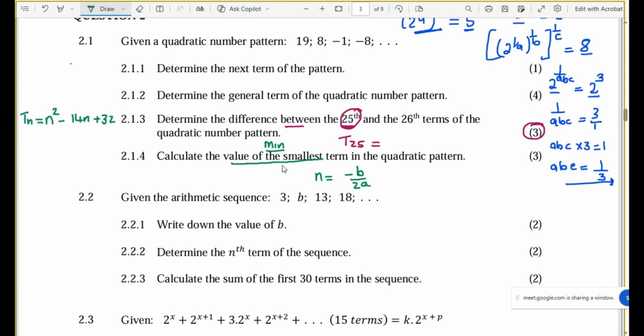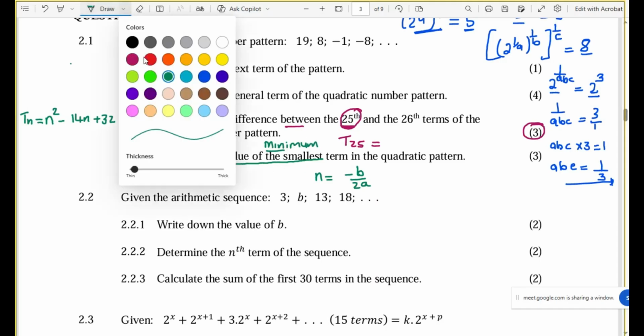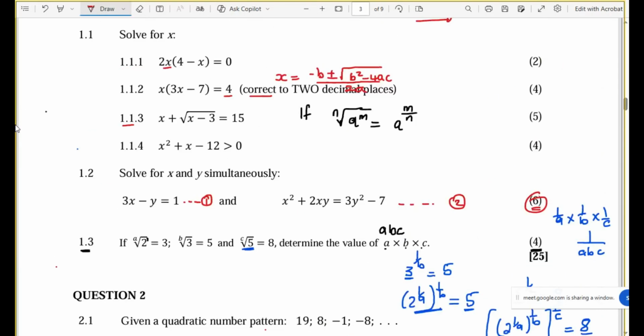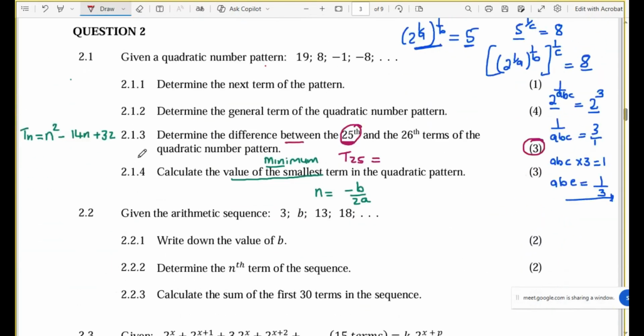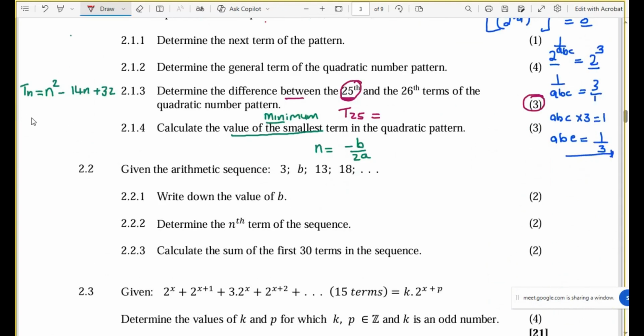Now when they say the smallest, what comes to my mind is minimum. And when I see the word minimum from calculus, this tells you to find the derivative of whatever you are working on. You see, many ways to kill a cat. So this will be T prime at n.